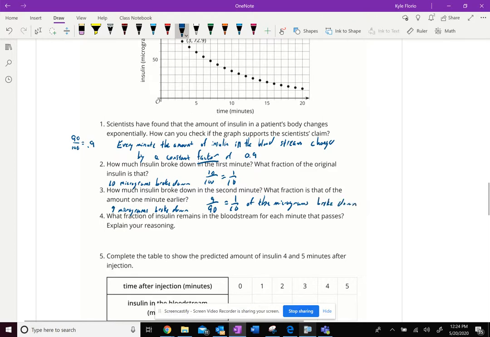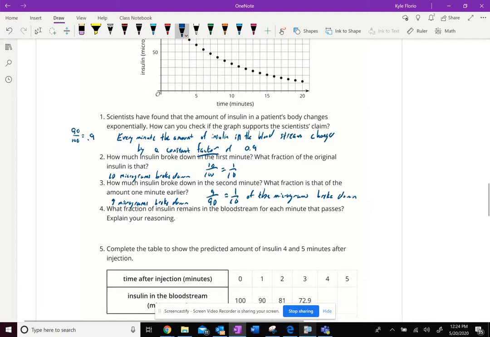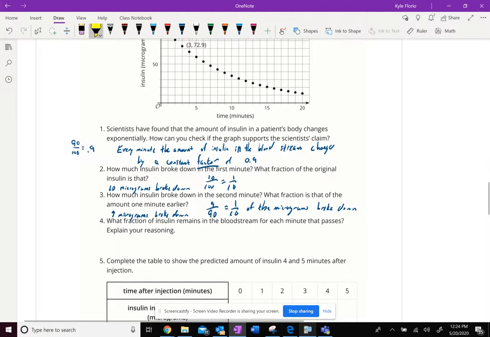And you could say that for number 2 as well. What fraction remains? We've got to be careful. How much remains in the bloodstream? Well, if 1/10 of it went away each minute, then 9/10 remain.